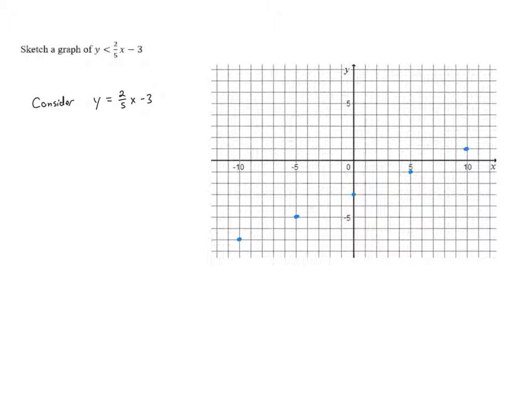So the line is not actually a part of the solution. In fact, it's almost the equivalent of having an open circle. Instead of an open circle, we're going to draw the line, but we're going to draw a dashed line, because this dashed line is actually the boundary that separates the plane into two parts.